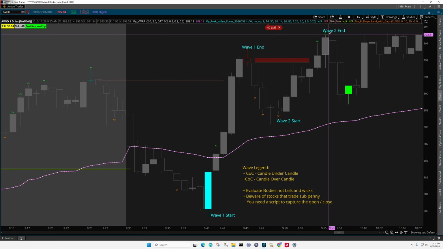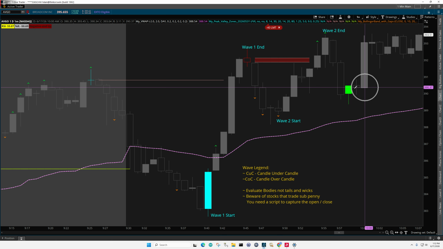So wave 2 is pulling back, and then we get this candle, which is intersecting, so this is not a reversal yet, and then we get this large candle here, but you can see that that candle body is intersecting this one. So this is not technically yet, by my definition, a wave 3.